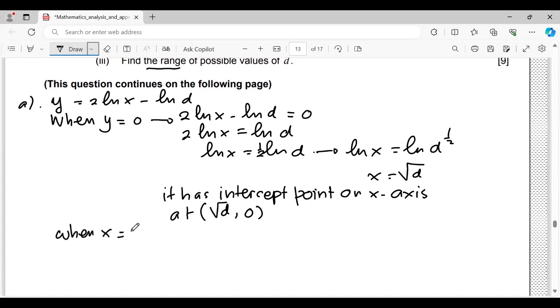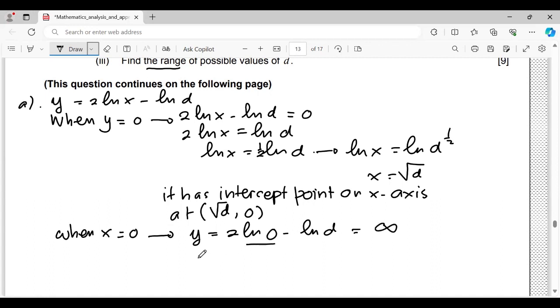When x equals 0, this equation being y equals 2 ln 0 minus ln d. As you know that ln 0 is infinite, so it is infinite.